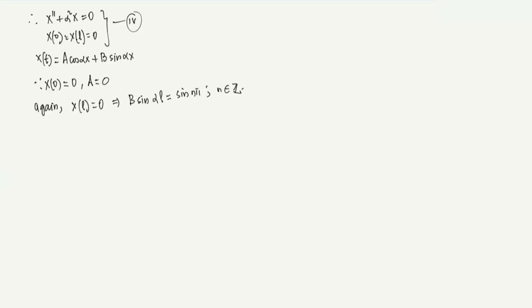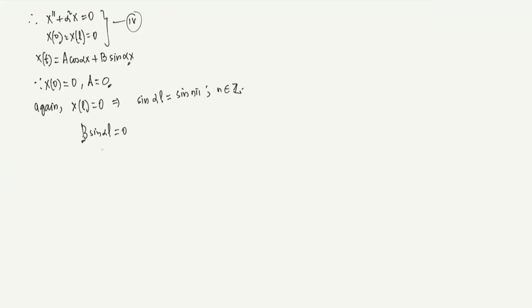Sorry, that b won't be there. If you put it here, it becomes b sine of alpha L equals 0. Since b is not 0, because a is already 0, if b is 0, then that will give you the 0 solution for this problem.